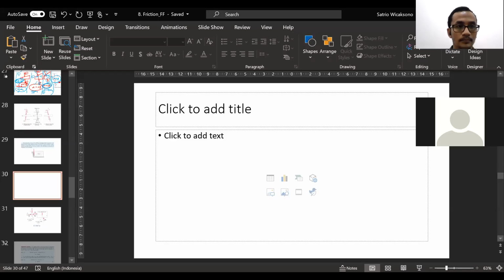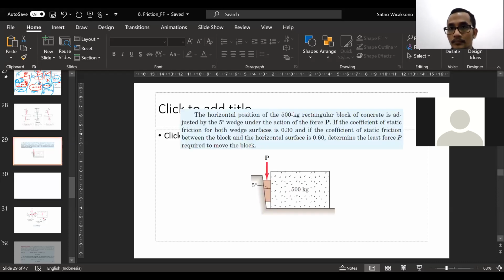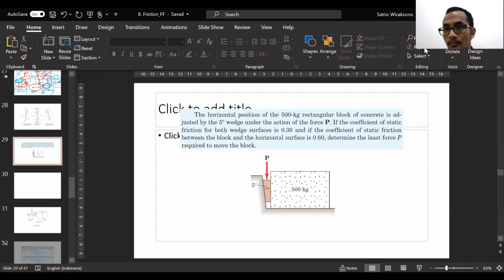Okay, so for today, I will try to continue with the discussion on the problem example of the wedges. So this is the first problem that we will discuss today.